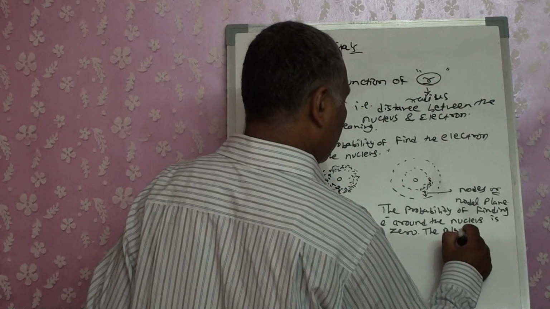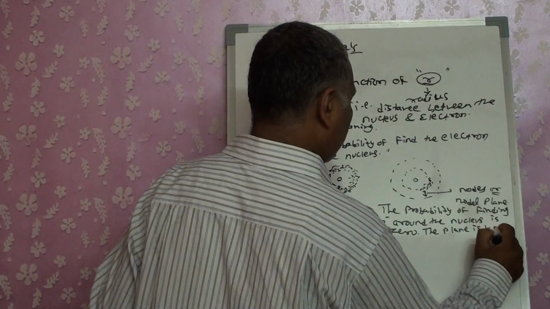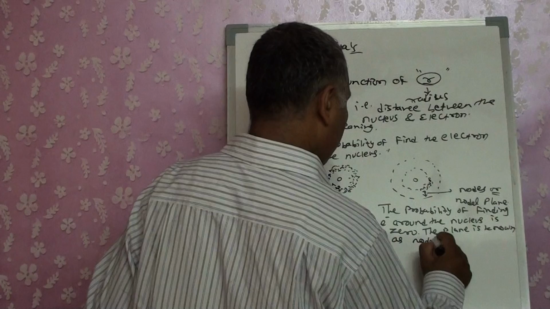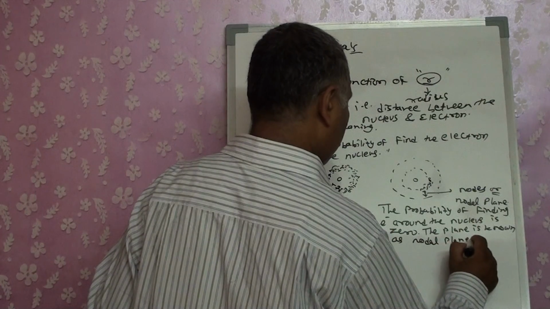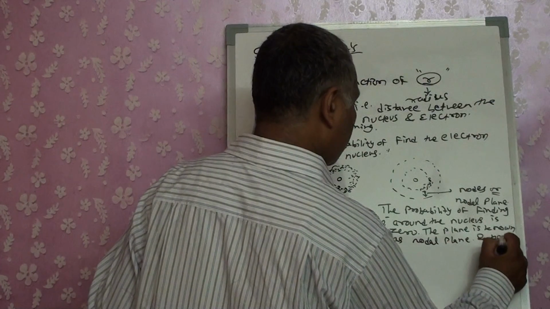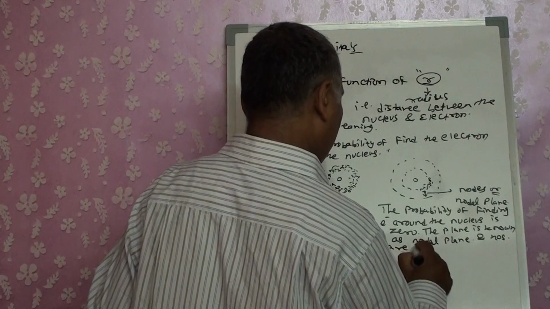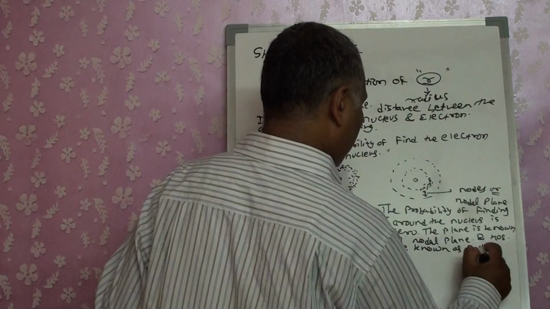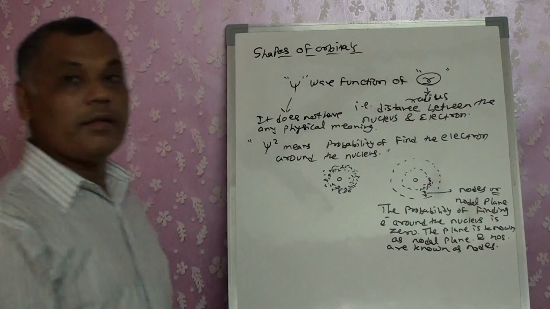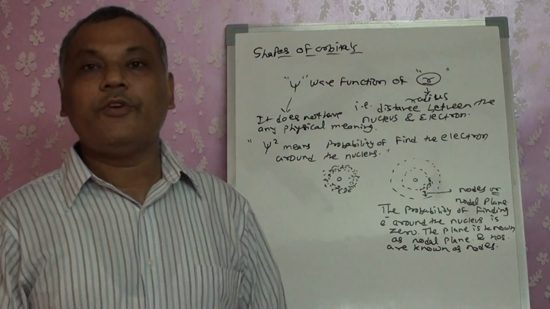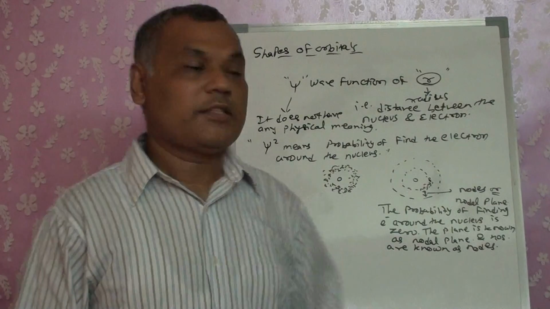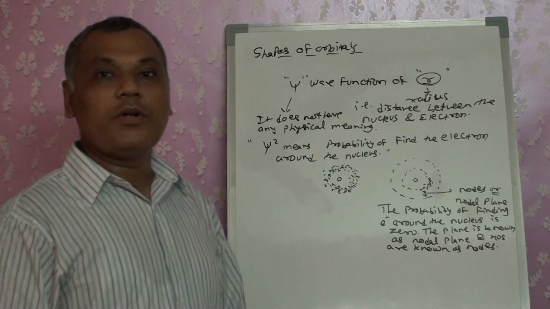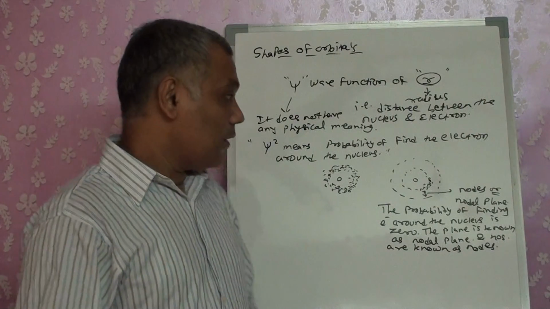The plane is known as a nodal plane, and the numbers are known as nodes. The total numbers that we calculate, we term them as nodes, and such types of planes, whatever we get, we consider as nodal planes, right?